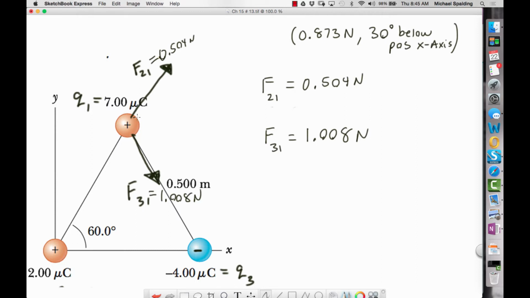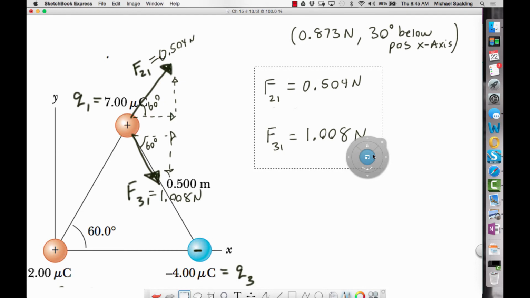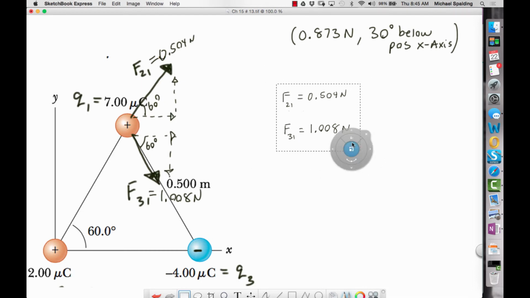You got to break these into x component and y component. These angles are 60 degrees, because what we're trying to do is figure out the total force on this.